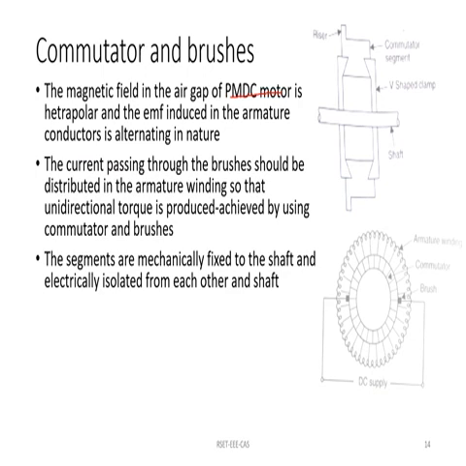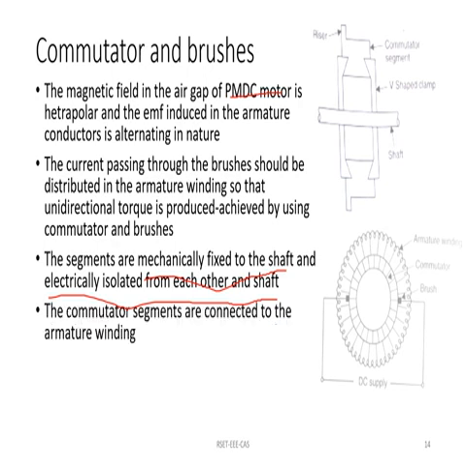Now the commutator segments are mechanically fixed to the shaft, and they are electrically isolated from each other and the shaft using some insulating material. Now the armature windings are connected to the commutator segments.